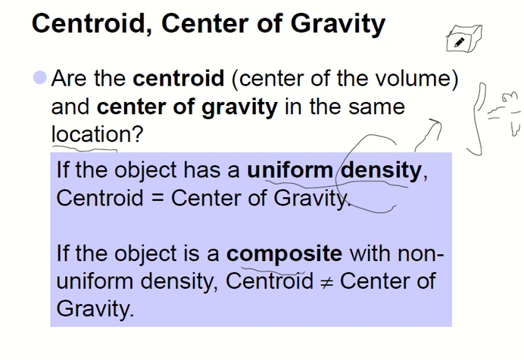Let's say you have a volume, like this object that I just drew on this slide, and the mass in that volume. When we look at how dense the mass is in that volume, we say mass over volume, and we call that rho, which is your density. And if you have these particles in uniform density in the object, your centroid, the center of the volume, and the center of gravity are the same.